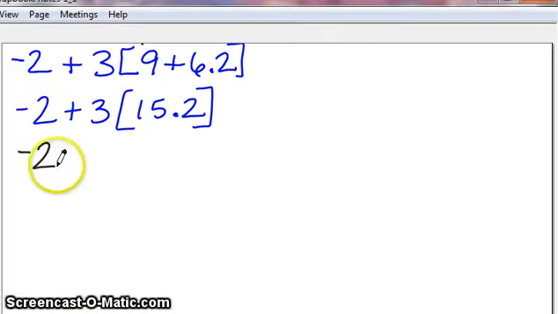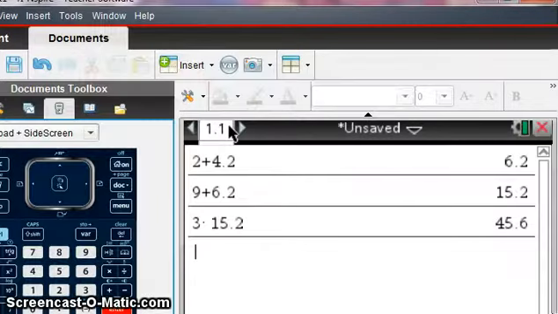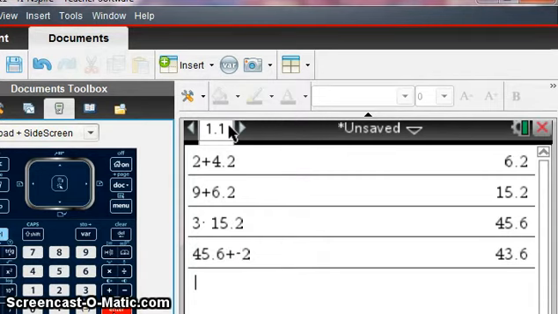So we have negative 2 plus 45.6. I am now adding that together. That should be 43.6. Okay. Then I can add, we need to get used to these calculators. I've already got 45.6 in there. That's my answer plus a negative 2. 43.6.